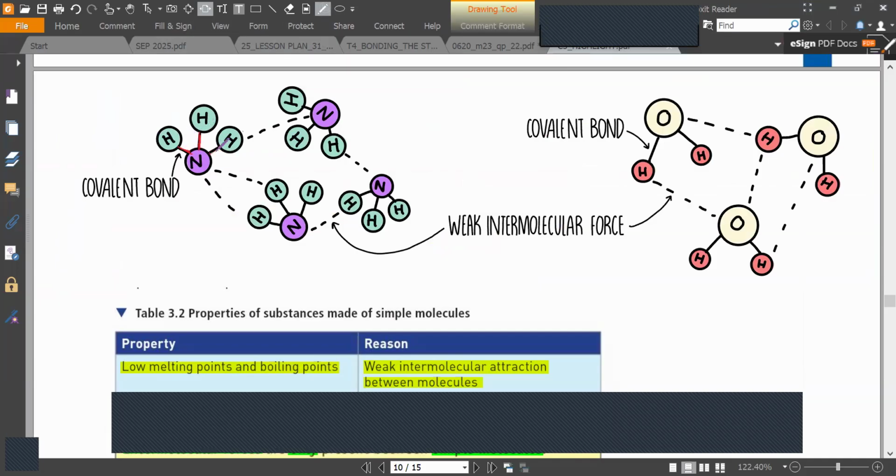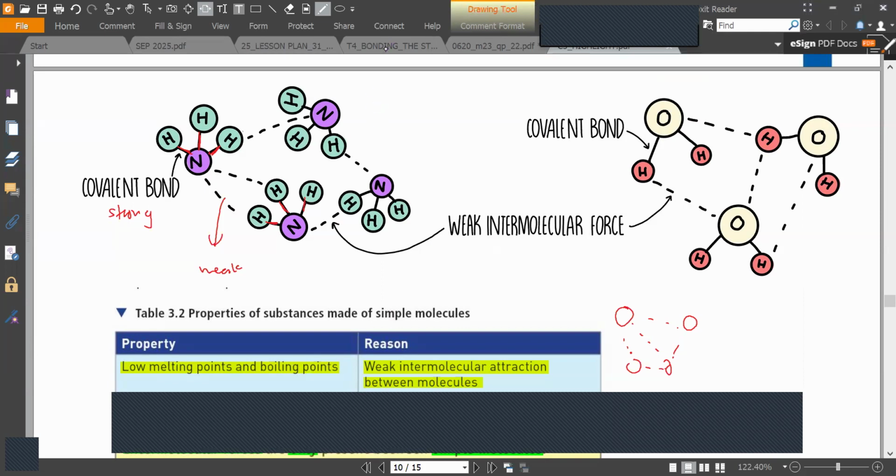They are strong bonds, strong covalent bonds. So this one is the weak bond. The intermolecular forces are the weak bonds. So we have molecule, molecule, molecule. The intermolecular forces are the weak ones.